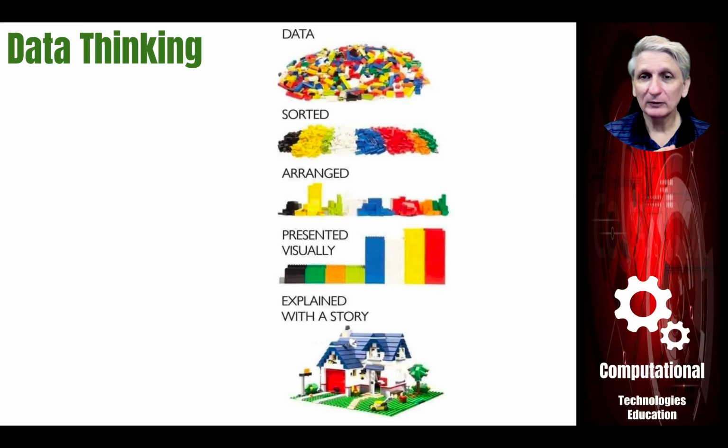And then if we arrange those sorted stacks from shortest to tallest, we can then see more information about those. Which one do we have the most of? Which one do we have the least of? And then if we take that data and we make a story about it and explain the data through storytelling, that provides another level of data thinking.